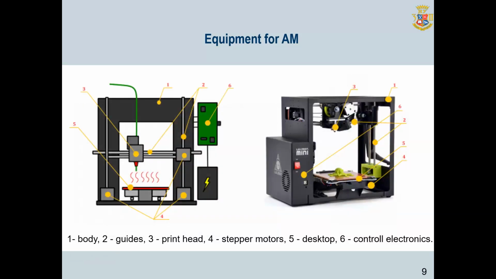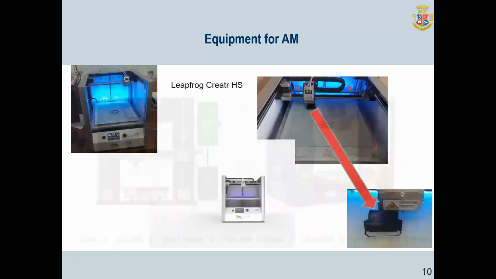A desktop 3D printer consists of a body, guides fixed on it, along which the print head moves with the help of stepper motors, a desktop on which the product is grown, and all this is controlled by electronics and special software. Desktop 3D printers mainly create three-dimensional objects using the fused deposition modeling method.